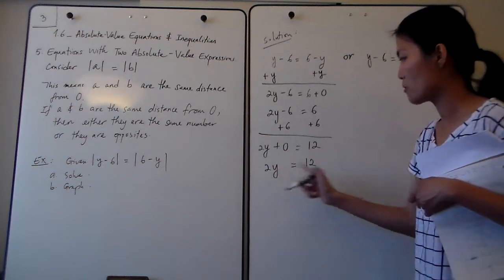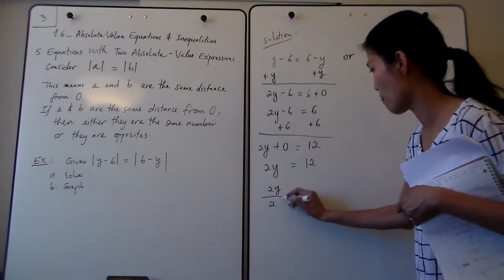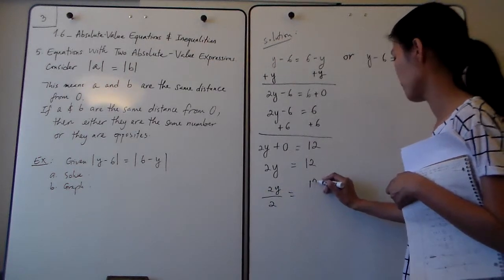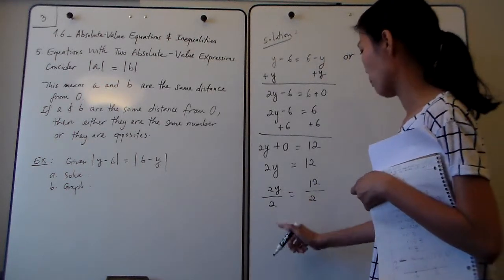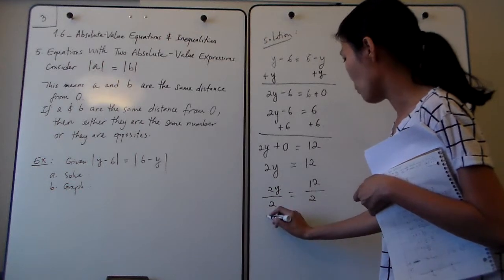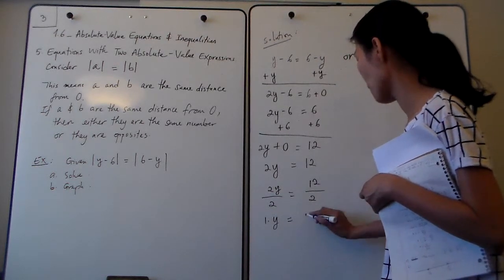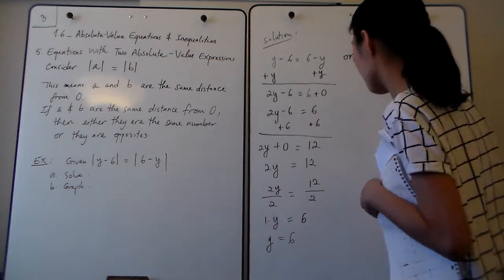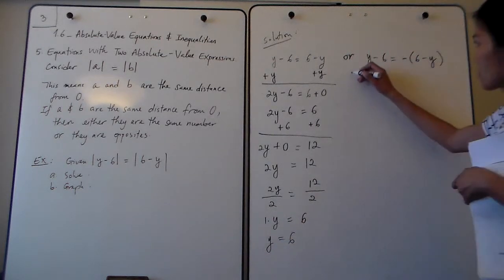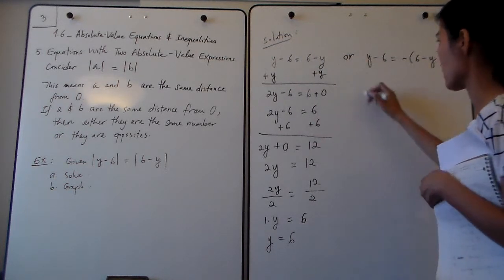Divide by 2 on both sides to solve for y. 2 divided by 2 is 1, and 12 divided by 2 is 6. So 1 times y is y equal to 6. So the solution for this equation is y equals 6.